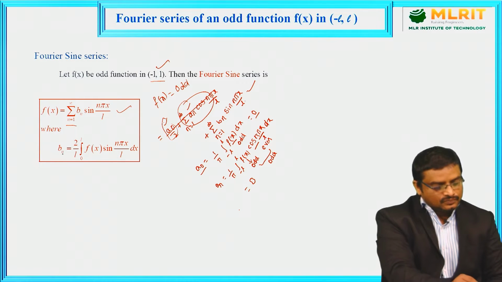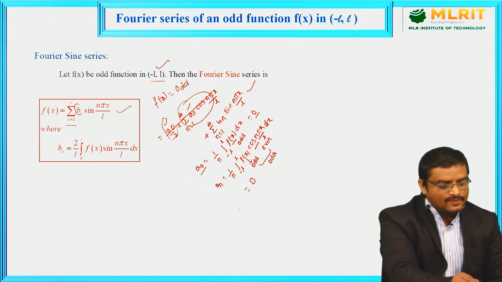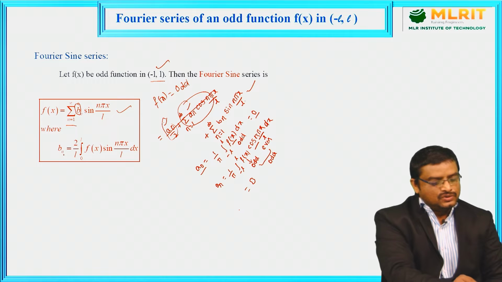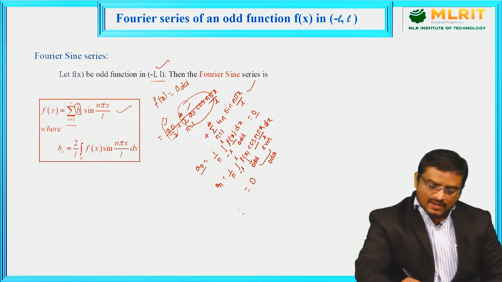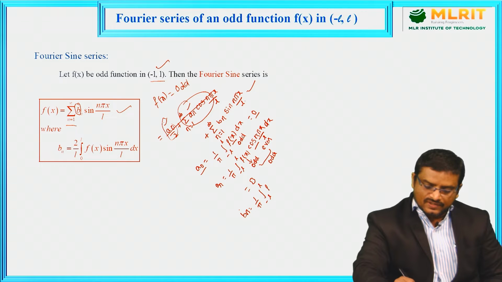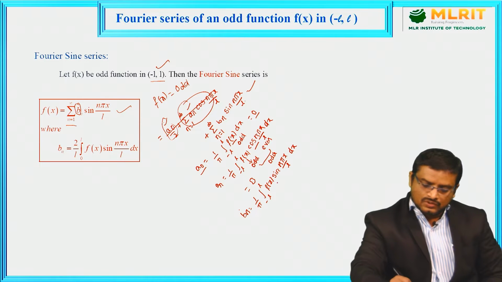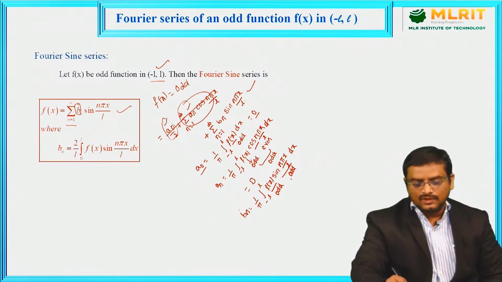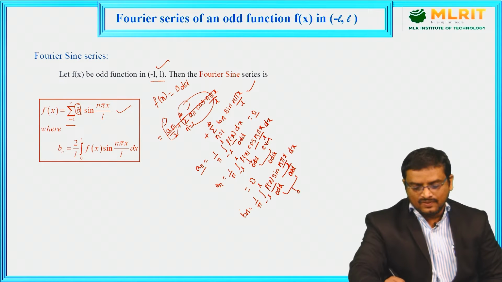Now it's time to find the value of the coefficient bn. Here also, bn is equal to 1 by pi integral minus L to L f of x into sin n pi x by L into dx. This f of x is an odd function given in the problem, and we know that sin is also an odd function. Whenever we multiply two odd functions, the resultant is an even function.